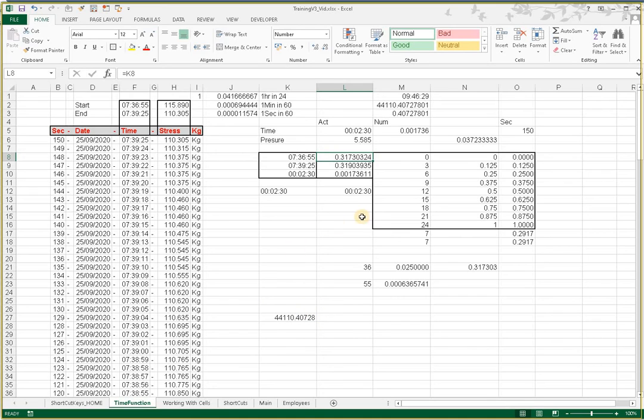So coming back to the test, the 2.5 minutes relates to 0.001736, which is not the time. It is part of the day.